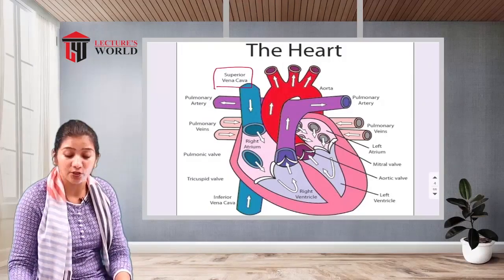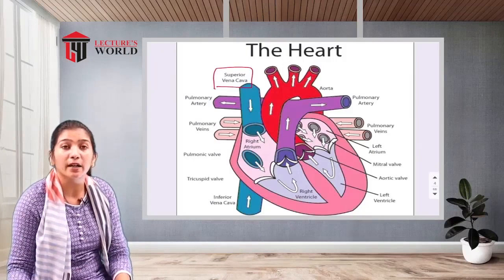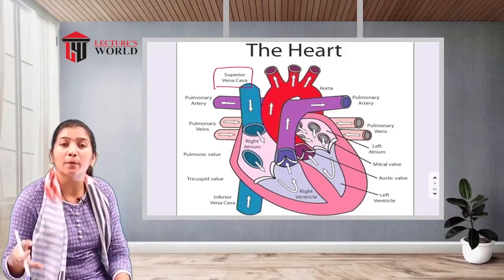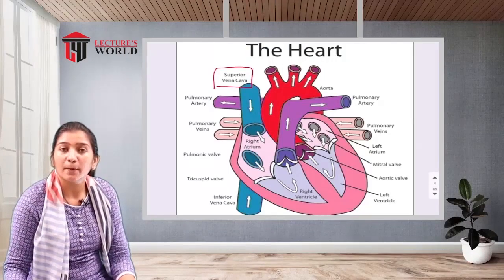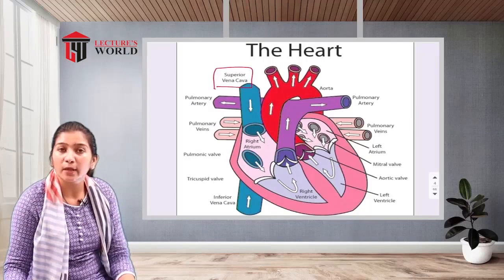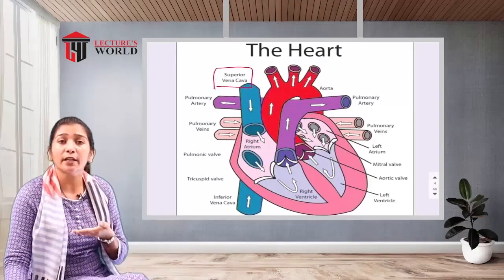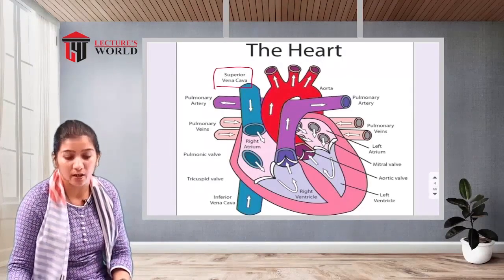It is situated at the upper side of the heart and collects the deoxygenated blood from the upper portion of the body, like the upper extremities, head and scalp. Whatever deoxygenated blood is in the upper part of the body is collected by the superior vena cava.